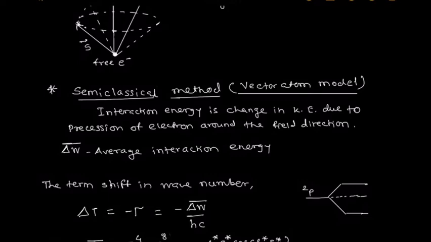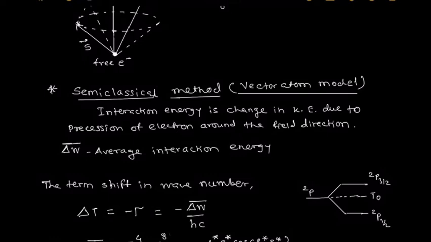Now, what is the term shift? There is a shift of each fine structure level from the center hypothetical level, that is T0. If we consider one example, there is a doublet P. In doublet P, there are two separate terms, one is the higher J value term, doublet P 3 by 2, and the other one is doublet P 1 by 2.